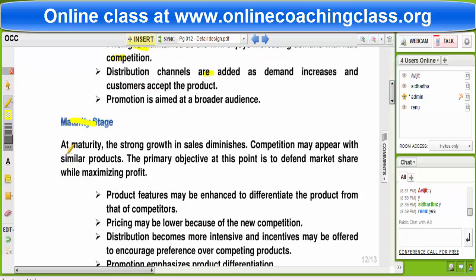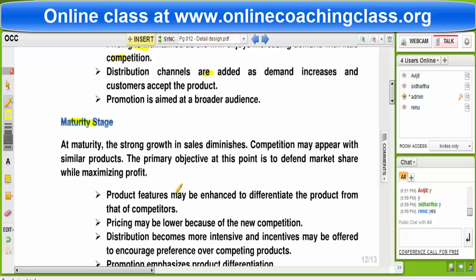Maturity stage. At maturity, the strong growth in sales diminishes and competition may appear with similar products. When your product goes to the maturity stage, you feel there are lots of competitors with the same features also available in your market. Now you have to look at that.